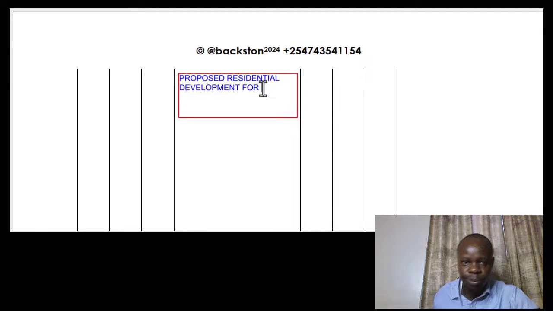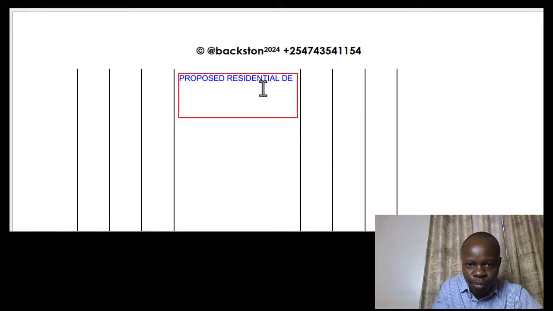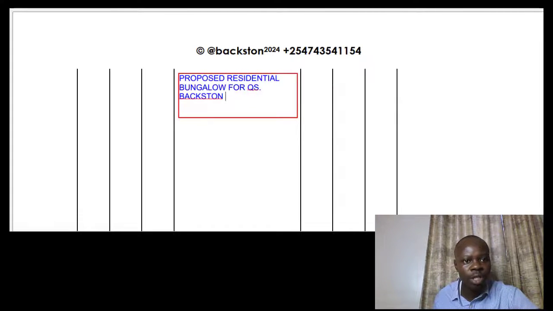Proposed residential bungalow for QS Buxton. Of course, in every detail or the identification of the project, you can always indicate the client there, and as well the location.